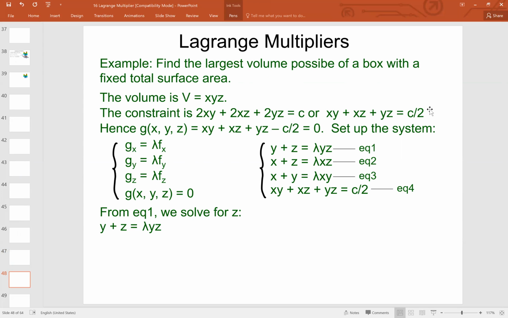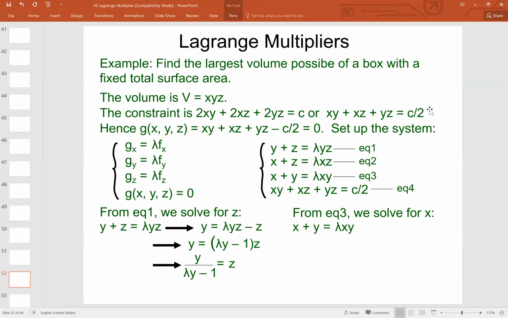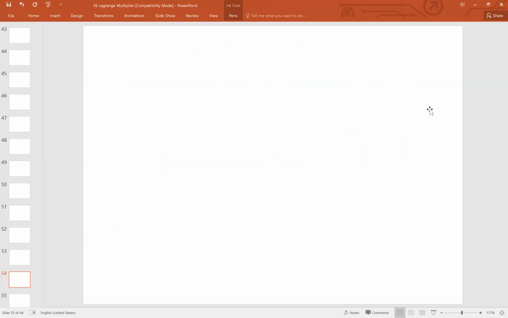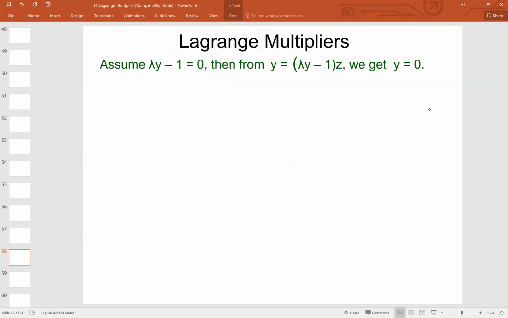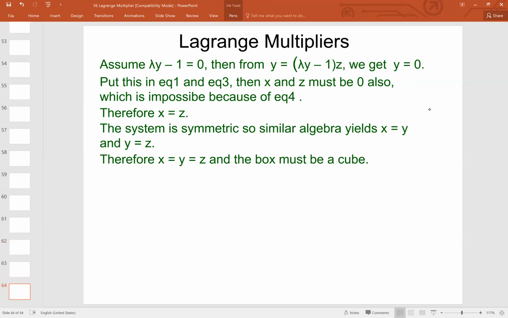In this one, we solve for z, then we get a formula in x, lambda, and y. And then we proceed with another, and so I leave the algebra to you. There's nothing really, it's all basic algebra.